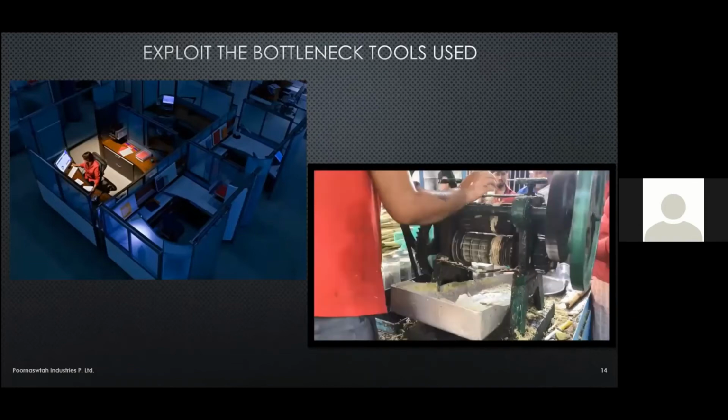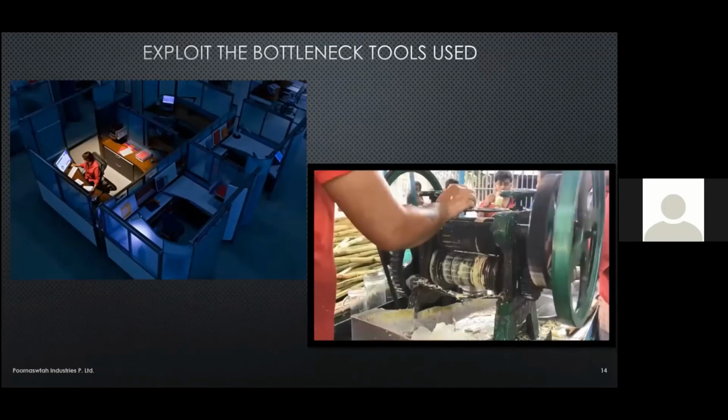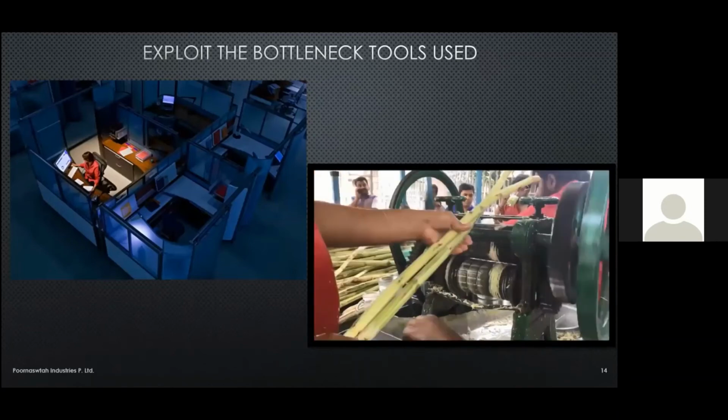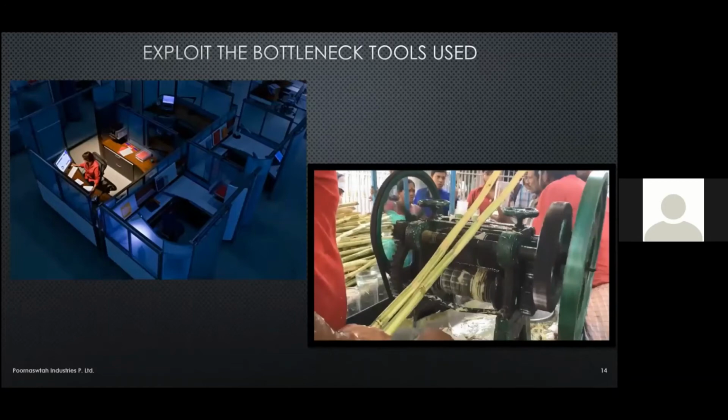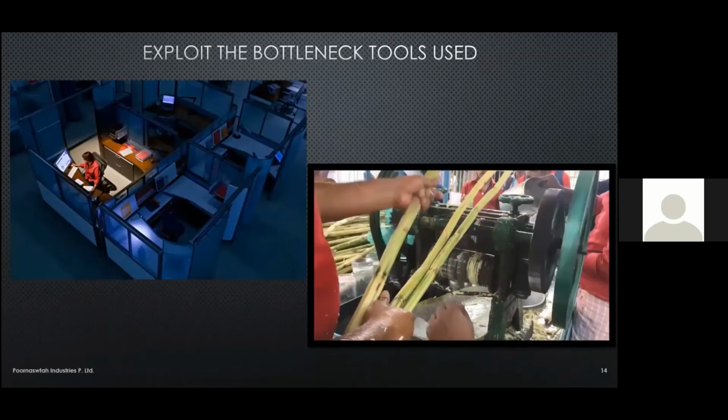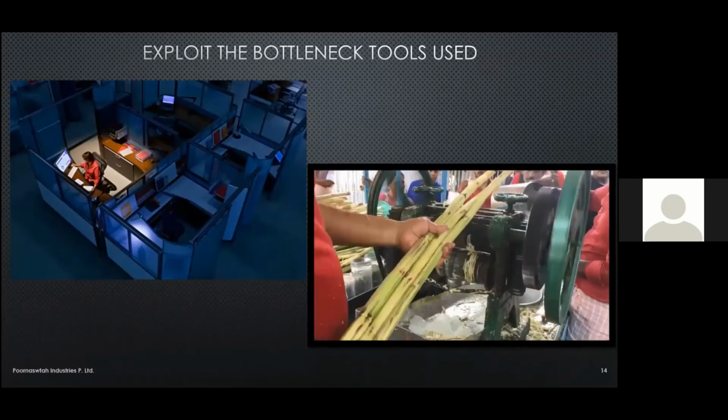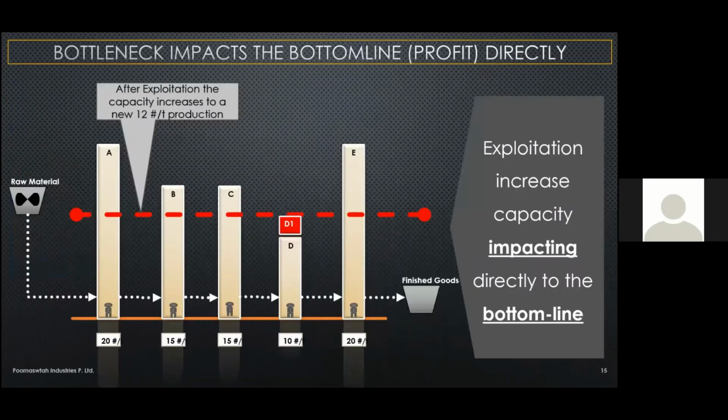Now, since every drop coming out of that chunk is value generation, he is exploiting it. Okay, so this is about how to exploit the bottleneck. It will give an additional D1. As you see here, D plus D1 is the new capacity.